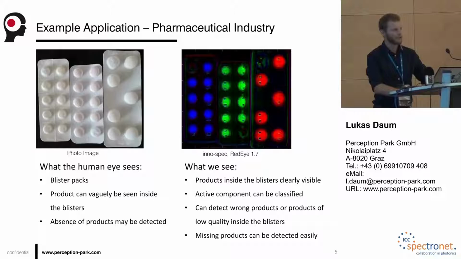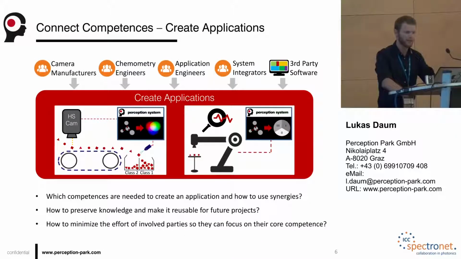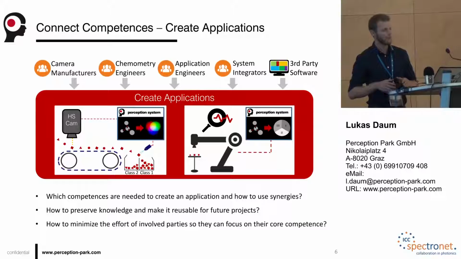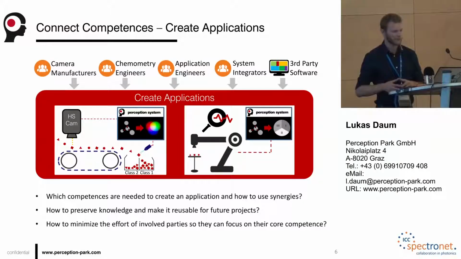So why did we choose to go for a modular approach on our system? That's also quite easy to answer, because if you create applications for the industry, usually many different parties are involved in that process. You have camera manufacturers, you have chemometry engineers, application engineers, system integrators, and also a lot of software tools are used in that process.